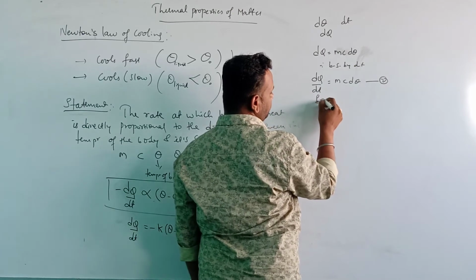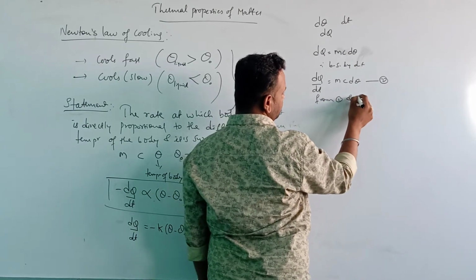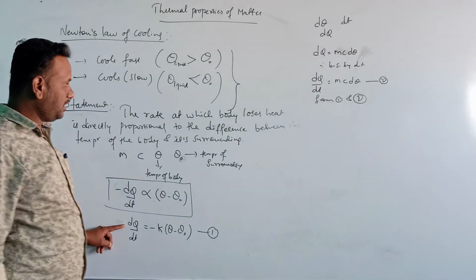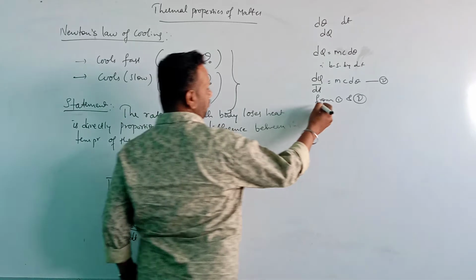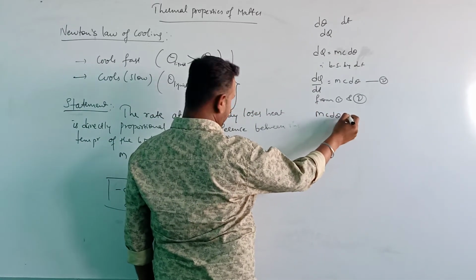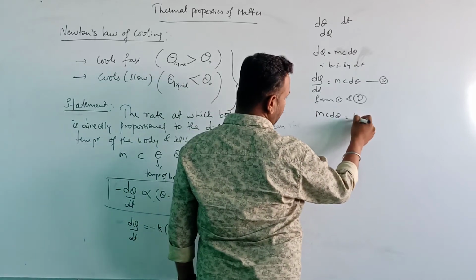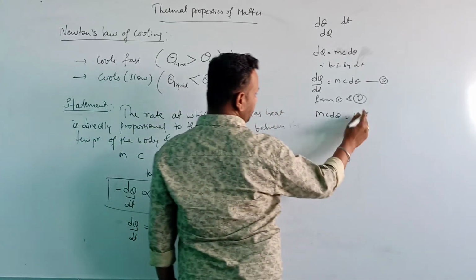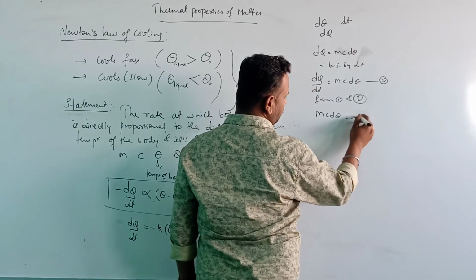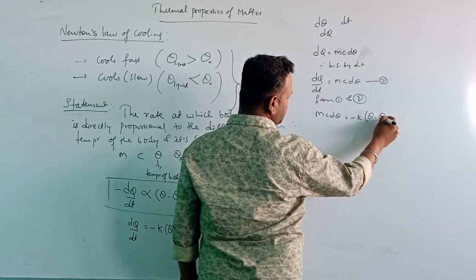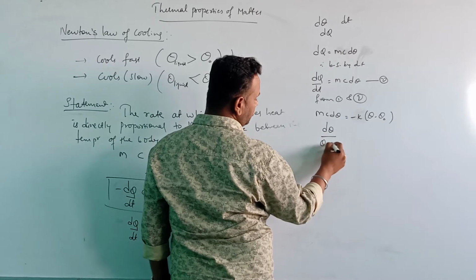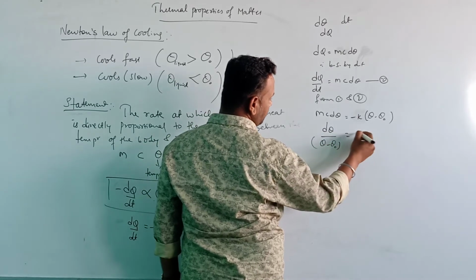Now from 1 and 2, whose left side is the same, I can write m into c into d theta by dt is equal to minus k into theta minus theta naught.